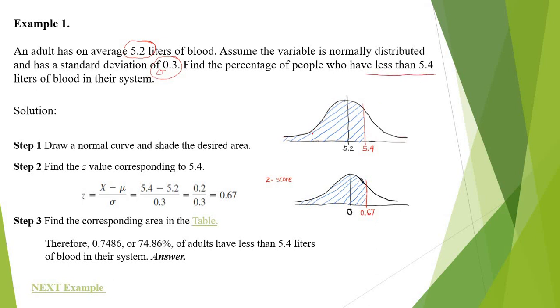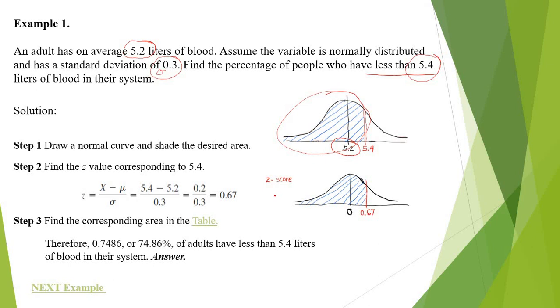So the first step would be we draw the normal curve. In this case, we draw the normal curve and the average is 5.2, and we wanted to determine the percentage of people with less than 5.4 liters of blood. So this is our area of interest as shown here.